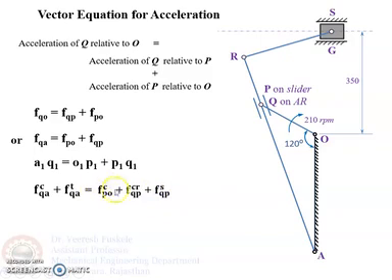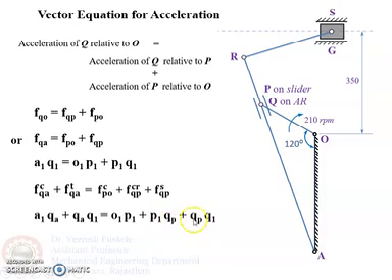You can note that the tangential component of the link PO is not here, as the angular acceleration is not given. Further, this can be written as A1QA plus QA-Q1 is equal to O1P1 plus P1QP plus QP-Q1. This will be the representation of these vectors in the acceleration diagram.